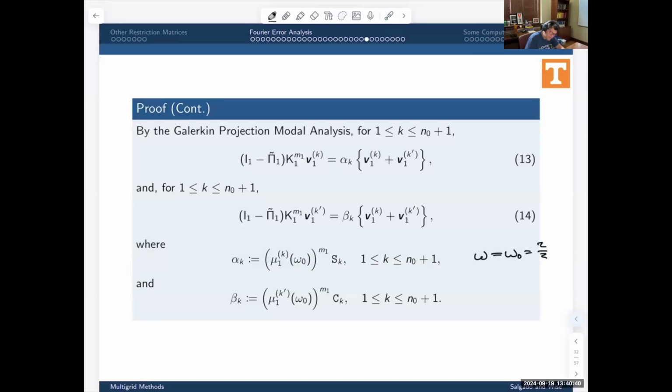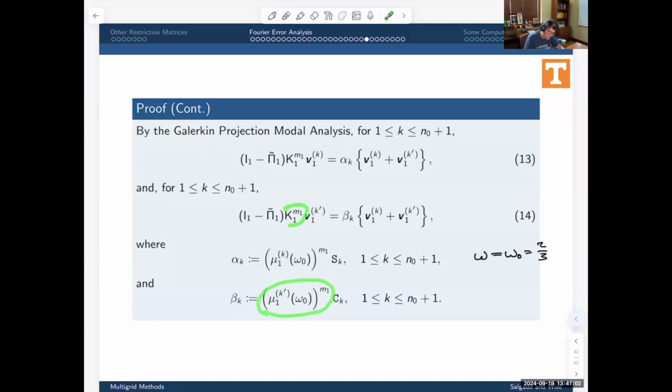That's just 2/3. And similarly for the high frequency modes, I'm going to get a beta k prefactor on these vectors. The beta k is going to be mu1 k prime to the m1 power times ck. So this comes from the smoothing part.